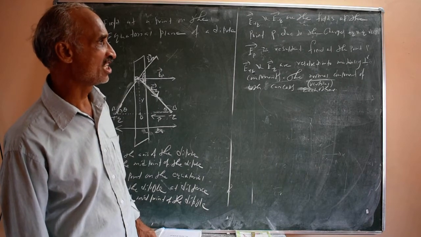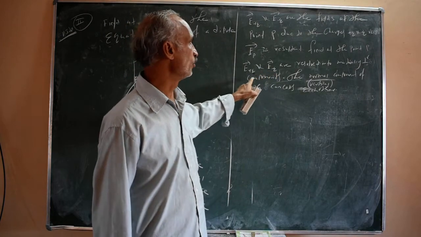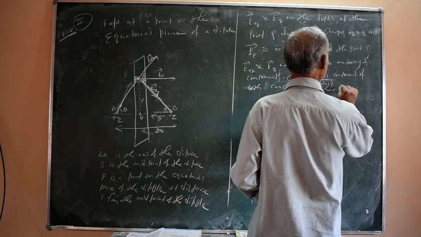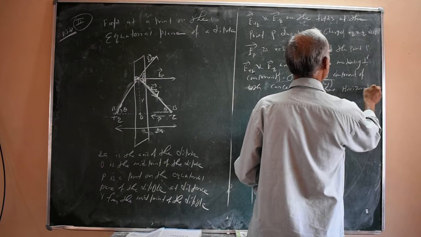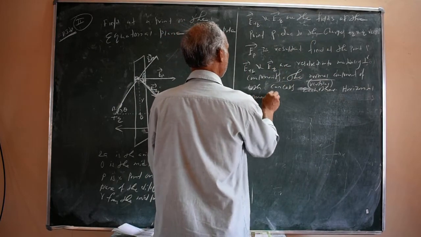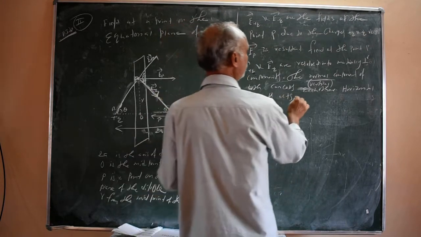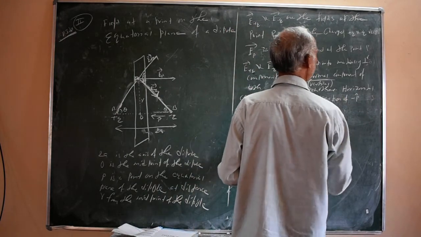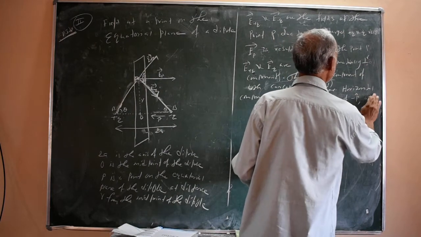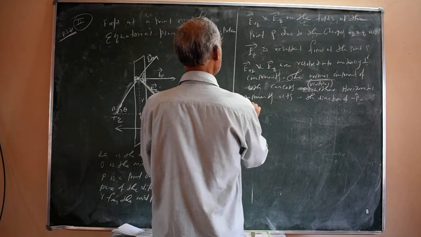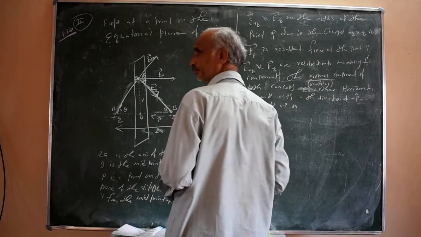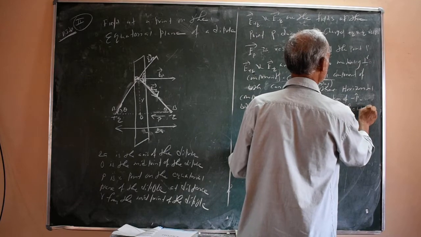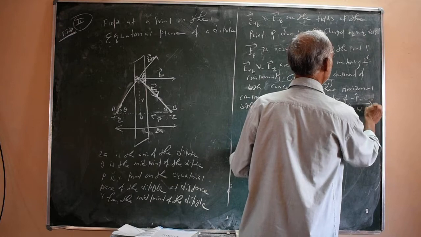The normal, that is vertical, components of both cancel each other and horizontal components act in the direction of minus p cap, both add up to give the resultant field EP bar at the point P.